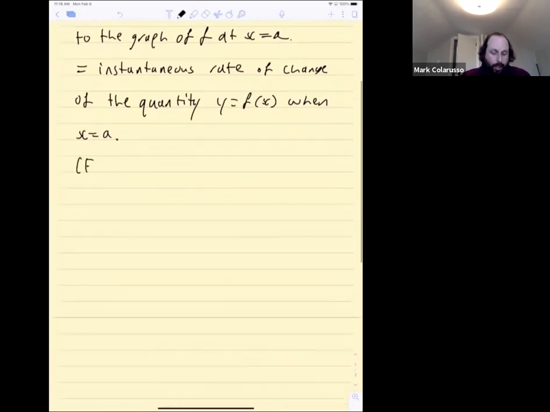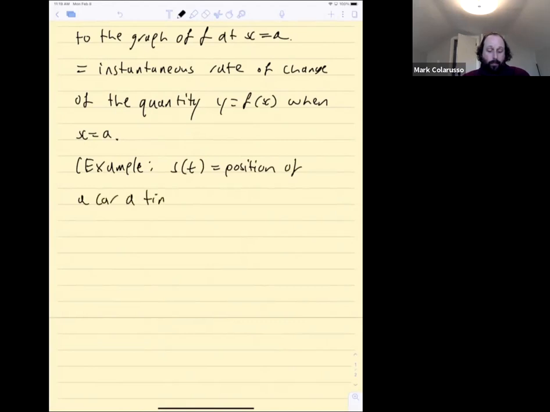As an example, and we keep coming back to this one because it's the easiest, though we'll do some more examples today that are, if you like business, a little more up your alley. We can have a function s(t), which is the position of a car at a time t.